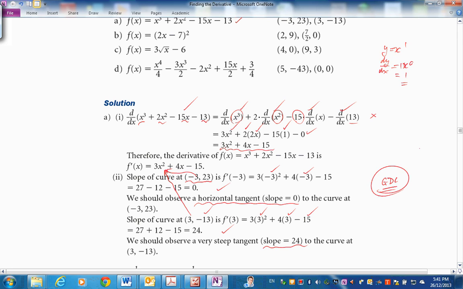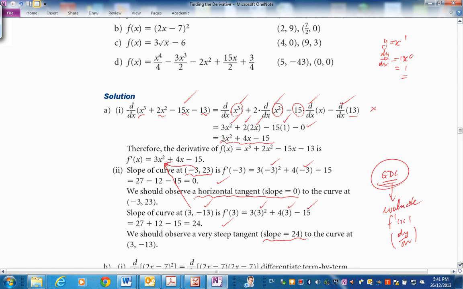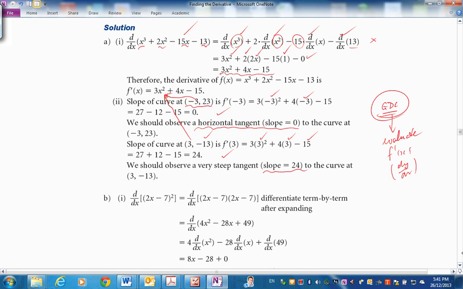And you can also use graph mode or math or linear mode in the run mode on the calculator to evaluate. Not only look at the graph, you can evaluate f dash x or dy by dx at those points from what we said before. Okay, let's have a look at part B.